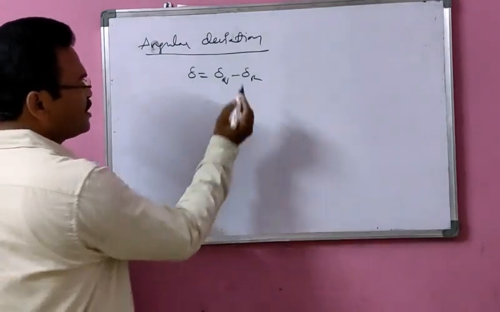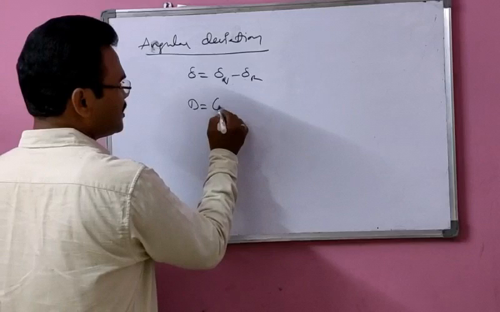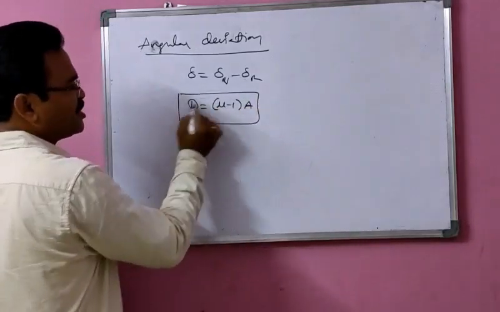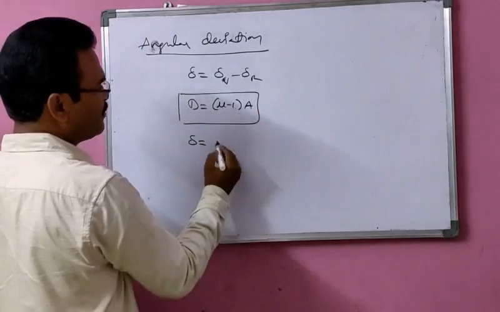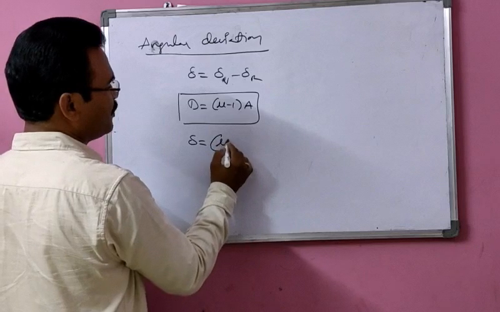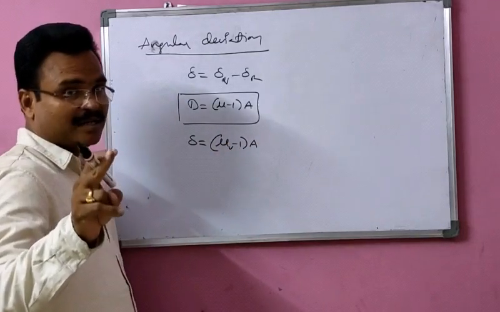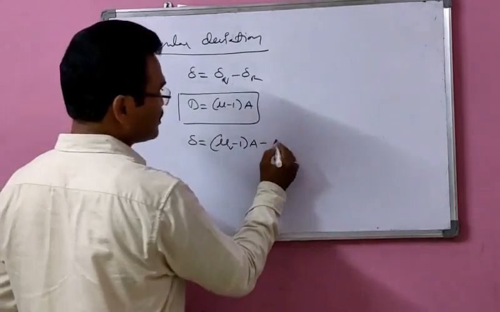So what can we write here? If you remember, what is the formula for small angled prisms? D equals (mu minus 1)A, we have seen. This is the deviation. Substitute for delta V and delta R. So delta equals (mu V minus 1)A. I said mu depends on color, but A is a property of the prism, it does not change.